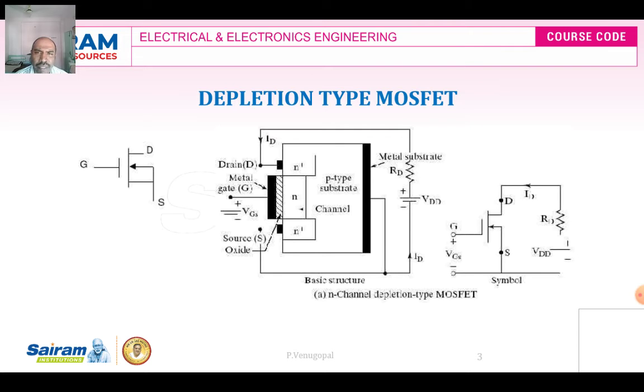To the metal, the gate is fixed, and the drain and the source are connected on the other two sides of the gate region. The substrate and the source are connected to the ground. This is the structure of a depletion type MOSFET.